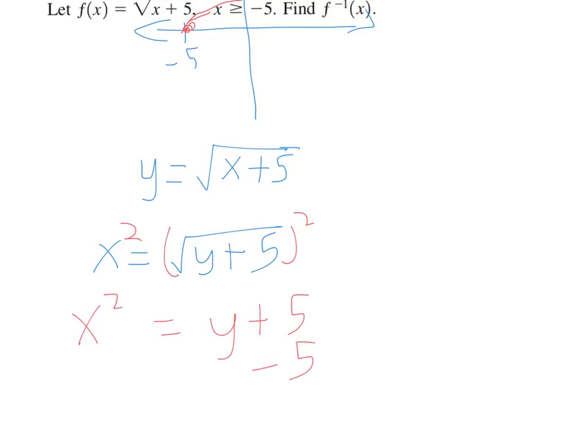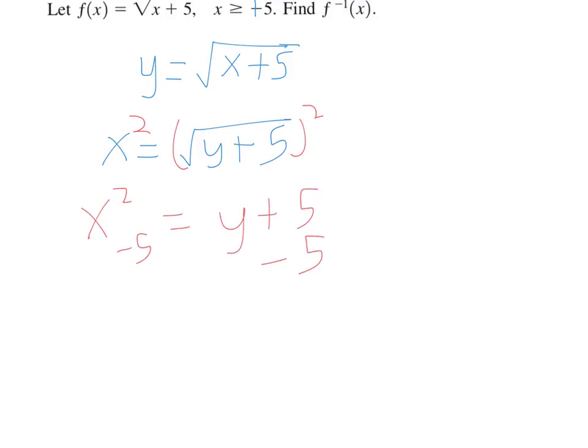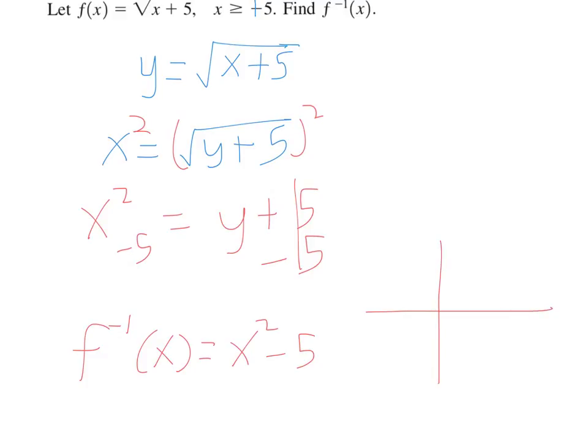And if we subtract 5 from both sides, then we are left with y equals, or f inverse of x equals, the quadratic function x squared minus 5. If you were to graph this, it would start at -5 and go upward.